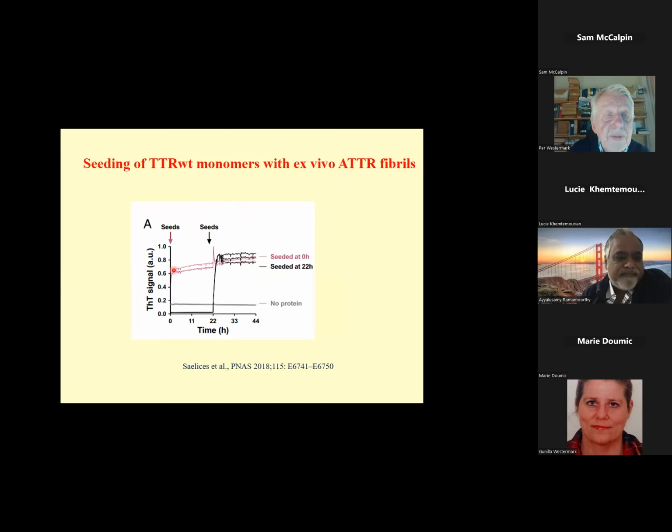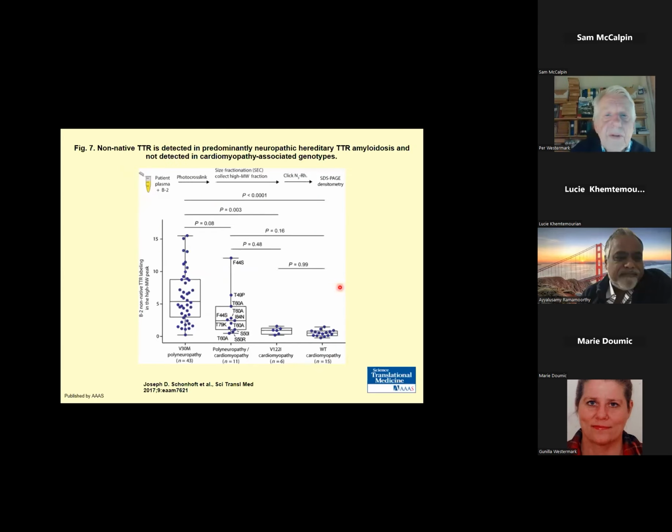Shown here by thioflavin T assay, with seeds put in here or seeds put in here, you can see an immediate development of fibrils in the thioflavin T assay.